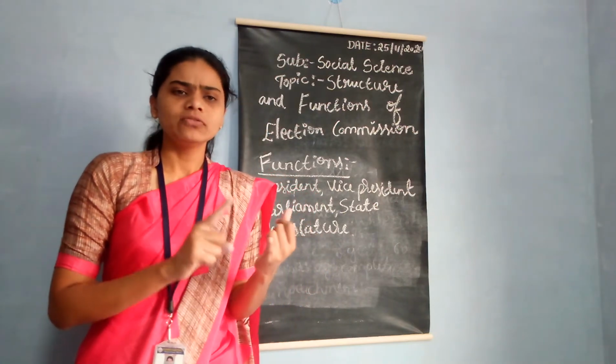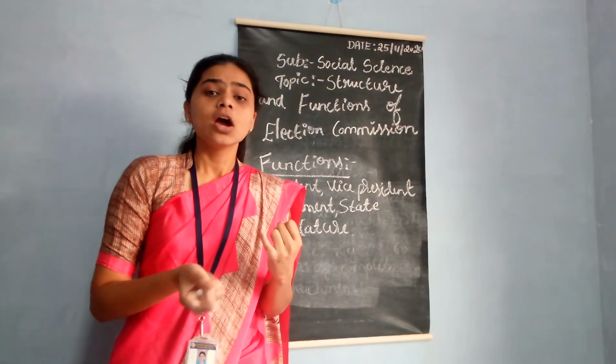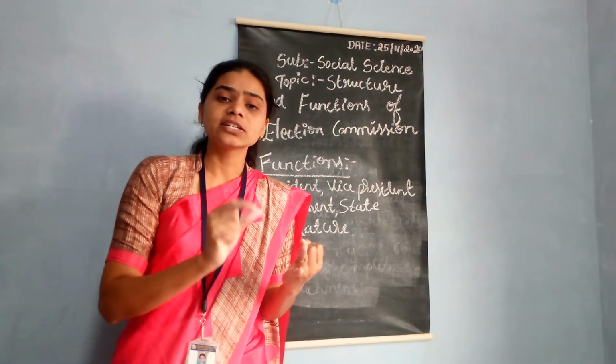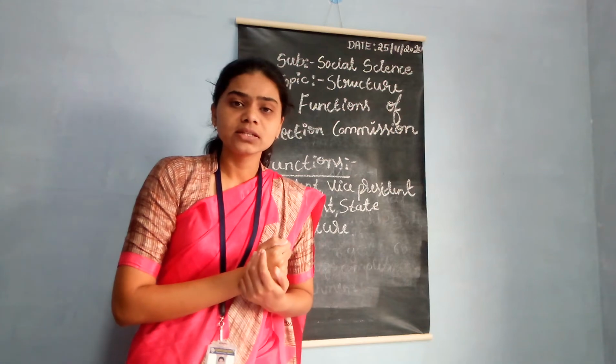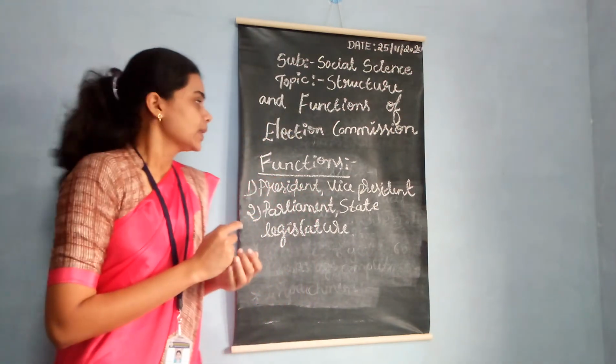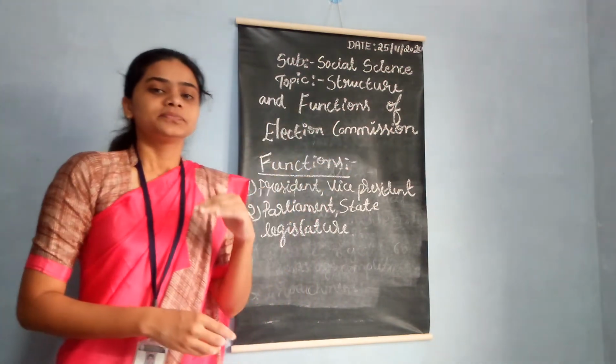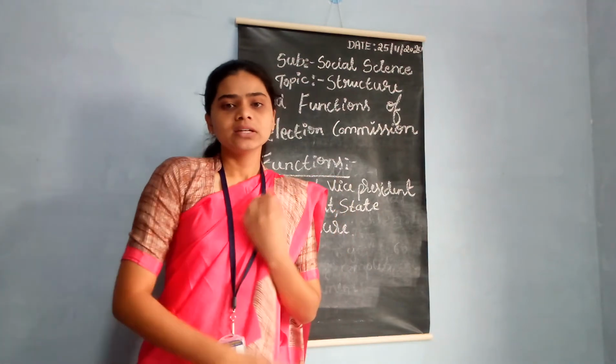Then next, if they fix the date of elections, after the election is conducted, who will announce the result of elections? Yes, right. The election commission itself announces the result of the elections.